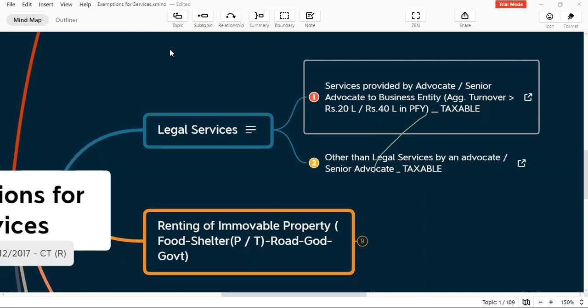Let me give another example. You tell me your answer. I am an educational institution, a school. I receive tuition fees of 100 crores. Now I went to a lawyer and took an opinion from him on some GST matter. Should I pay GST or not?